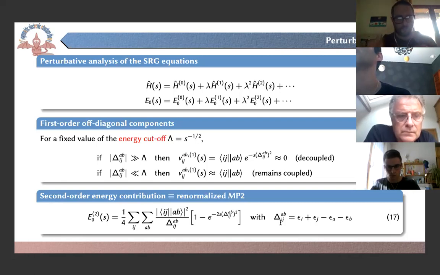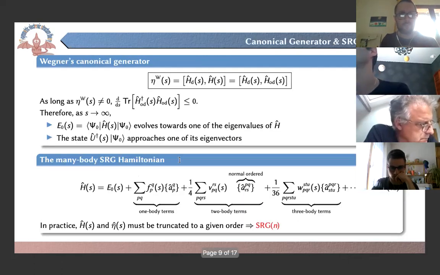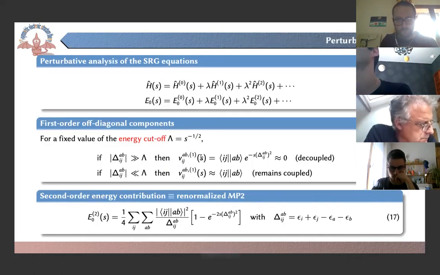So you expand everything in terms of lambda, like you do in Moeller-Plesset perturbation theory, for example. And if you do this and you look at the first order amplitudes, first order of diagonal components of the Hamiltonian, you can find the expression analytically if you use the Wegener's canonical generator, and you find something like this.